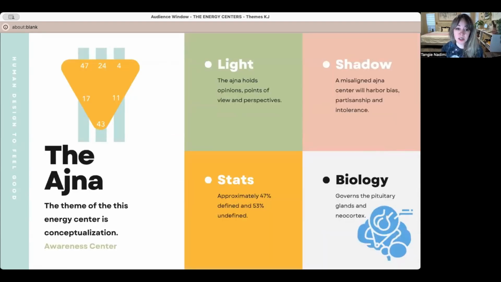The Ajna center, the theme of this one is conceptualization. It's an awareness center, okay? So it's different than a pressure center. It is creating cognitive awareness. It's creating judgment. It's creating the awareness that there are two sides to each coin, that there is bias, that there are different ways of perceiving things.